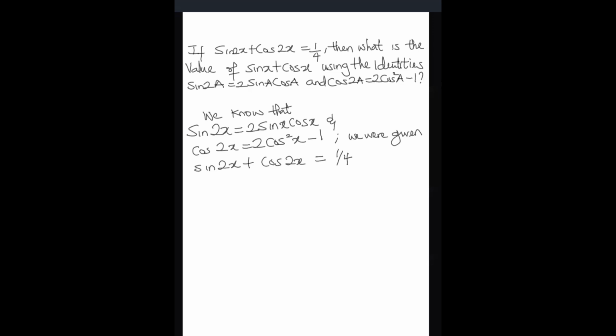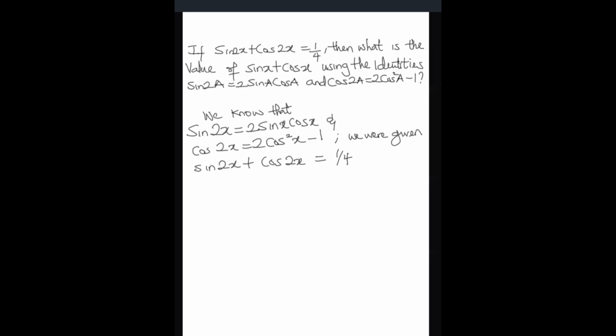Now, since we know this, remember that sine 2x is given as 2 sine x cos x from the identity, and cos 2x is given as 2 cos squared x minus 1. So the obvious thing for me to do is just to substitute the values of these identities back into the initial equation that we're given to get what we want. So let's dive right into it now.